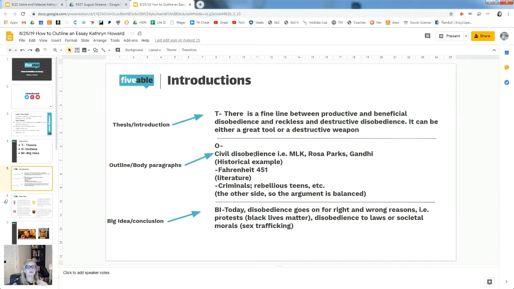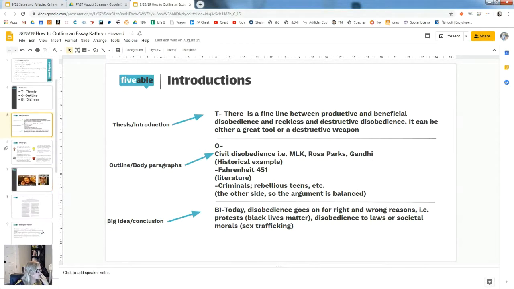If you're really reaching, you can do 2 historical examples. I could talk about Martin Luther King and Rosa Parks in one paragraph, maybe Gandhi in the third one. I wouldn't put them right next to each other, but you could do that, and that would probably be fine. But it's best to use 3 different ones to show it's more well thought out.